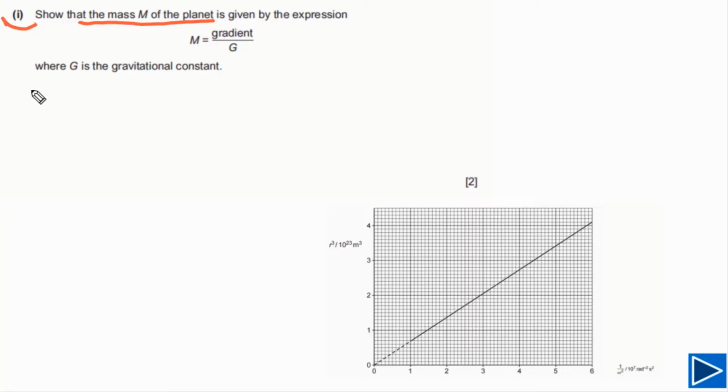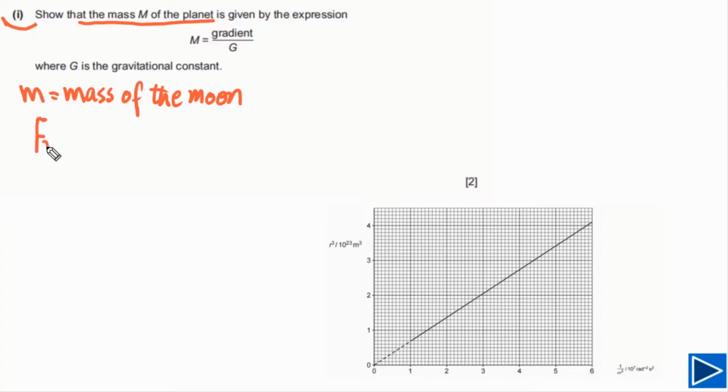First of all, let's imagine that small m is representing mass of the moon. So simply we can write down here, small m is representing mass of the moon. In this question, we have already discussed that gravitational force provides the centripetal force.